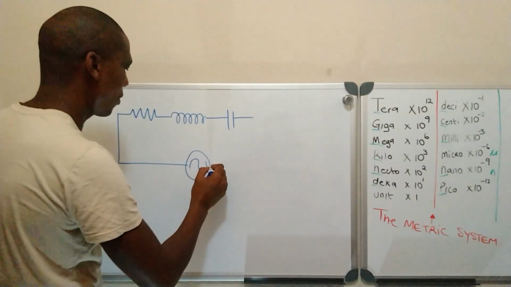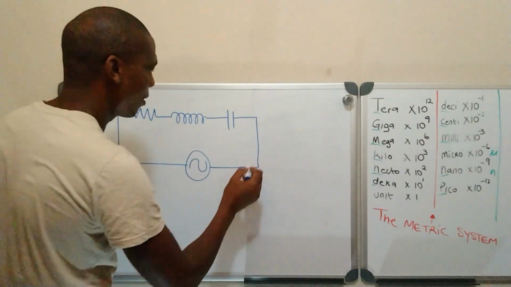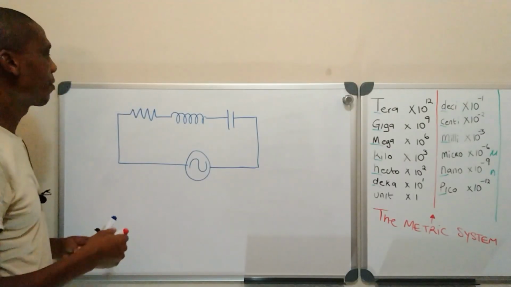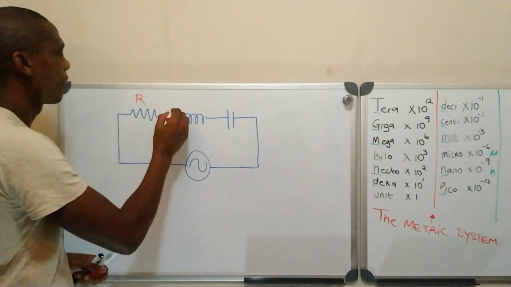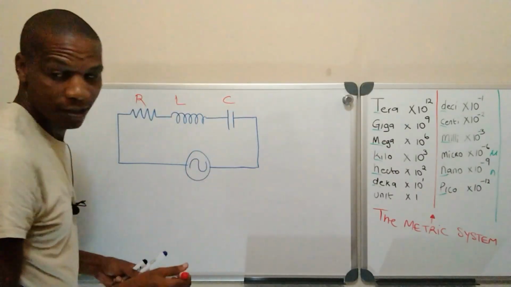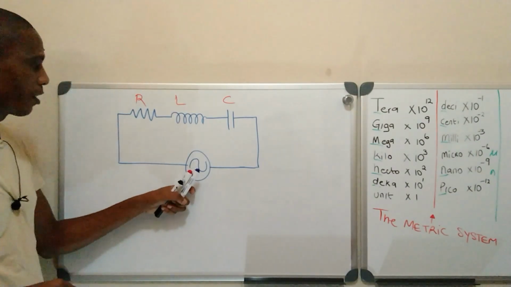This is a snake. What does a snake represent? The snake represents the alternating current.